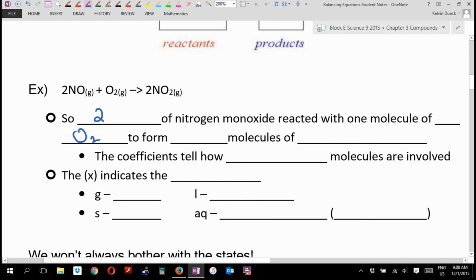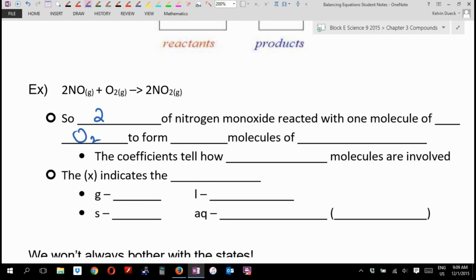Now, oxygen is kind of a weird one. Oxygen is so reactive that it's never by itself as a single O. You'll see it in a chemical equation always written as O2 because if it's by itself, it bonds with itself to form a pair. You'll never see me write just an O on its own. You'll see me always write an O2.